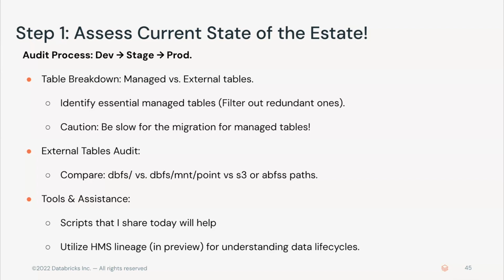Then for external tables, you want to audit what's in DBFS, what's in a mount point, what's in an S3 or ABFS path. There are tools like the Hive Metastore lineage that will help with this, along with scripts that, as you'll see today, can help you mine this information and then act on it.